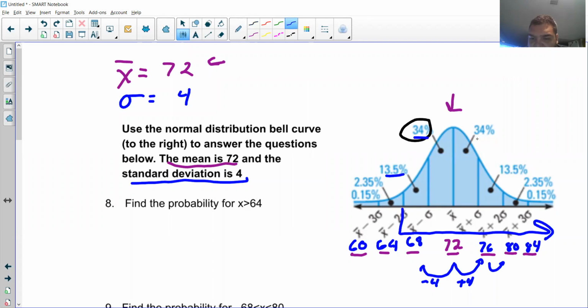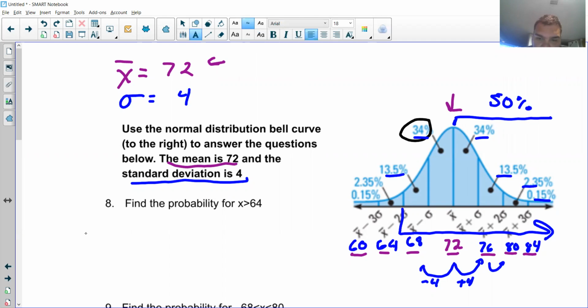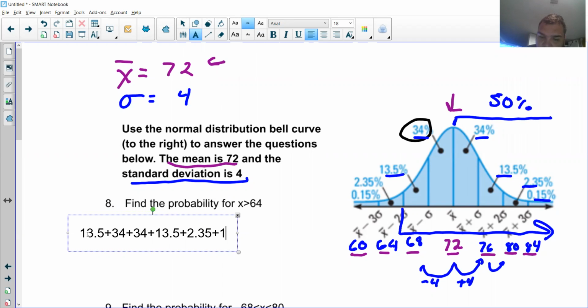What I'm going to do is add all these pieces together. If you want the shortcut way, since you know this is 50%, you could automatically assume this right here is 50%. That's the shortcut way. But if you don't know the shortcut way, you just straight add everything you see. So 13.5 plus 34 plus 34 plus 13.5 plus 2.35 plus 0.15.